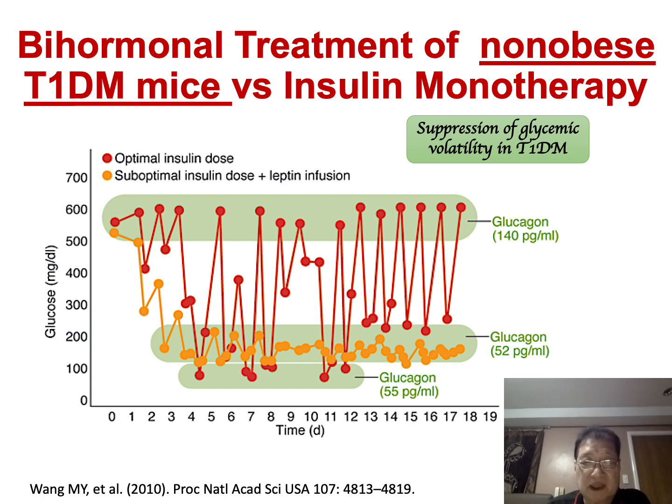Remember that leptin has been shown to decrease glucagon level. Injected twice a day. Okay, so you can see the optimal insulin curve in red and suboptimal insulin dose plus leptin, a glucagon suppressor infusion, in orange. Using leptin as a glucagon suppressor leads to a disappearance of the spikes and the hypoglycemia dips.